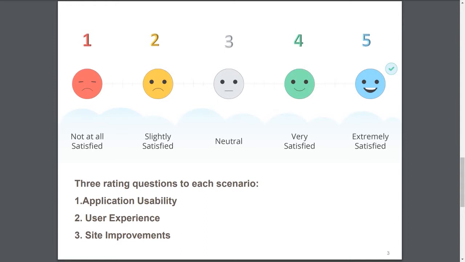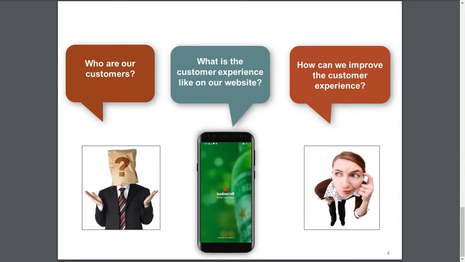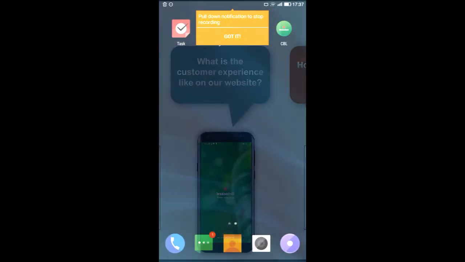The last is the improvements they think I should make as they scroll through the application. Next, the purpose of this usability test is to observe the consumers or applicants and see what I can improve to make their experience better when using the application.